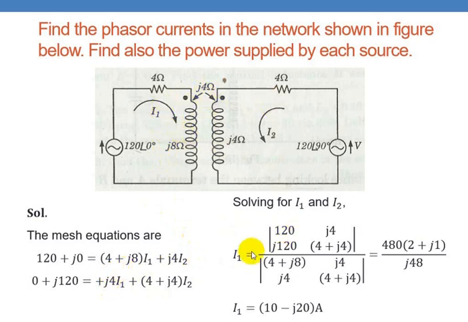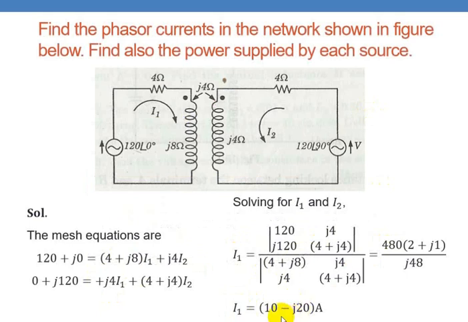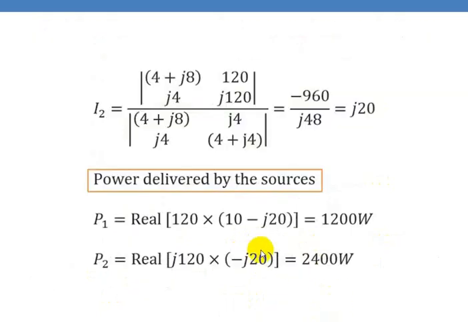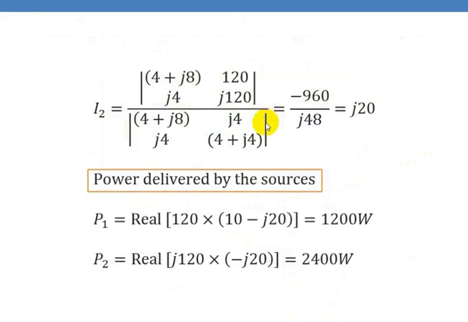Now using Cramer's rule, put these equations in matrix form, find I1 as del 1 by del, and then simply find I2 as del 2 by del. You'll get J20 here, and here you'll get 10 minus J20 ampere. Now the power delivered by the sources. If you see this circuit, the current supplied by the source is nothing but I1, and for this source it is I2.